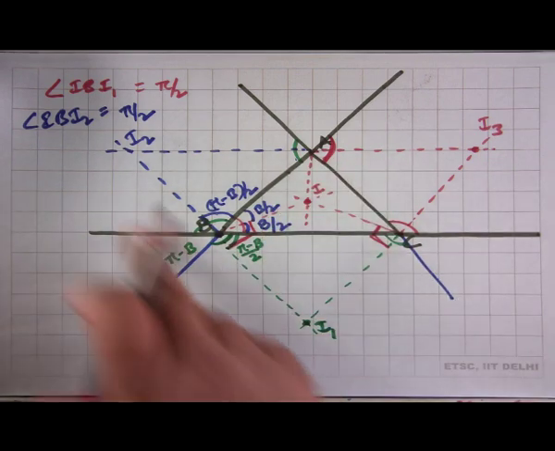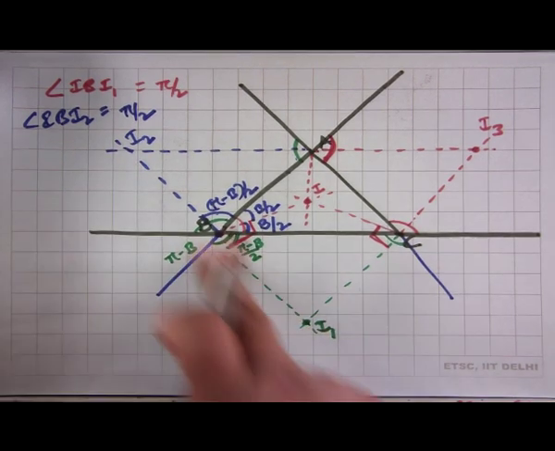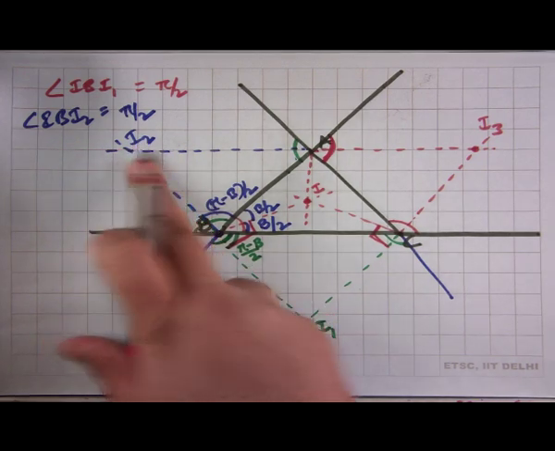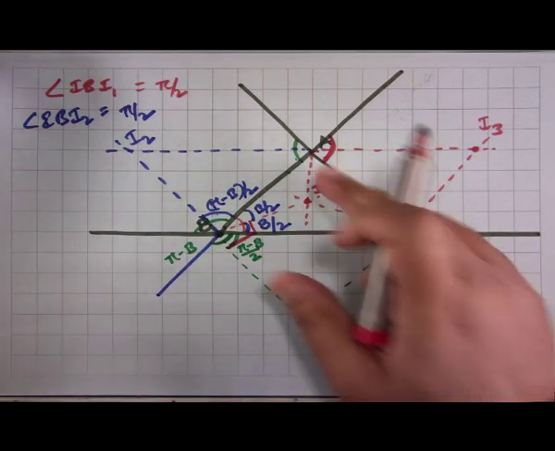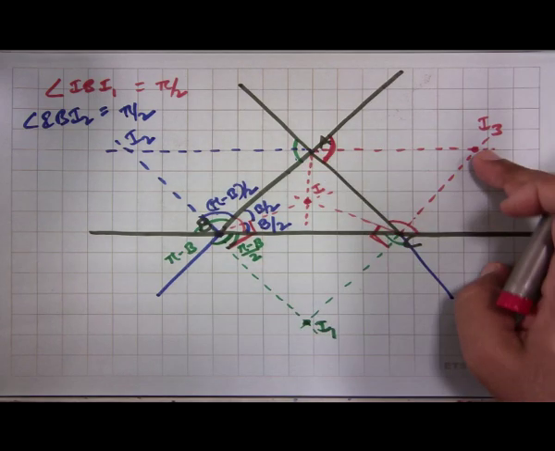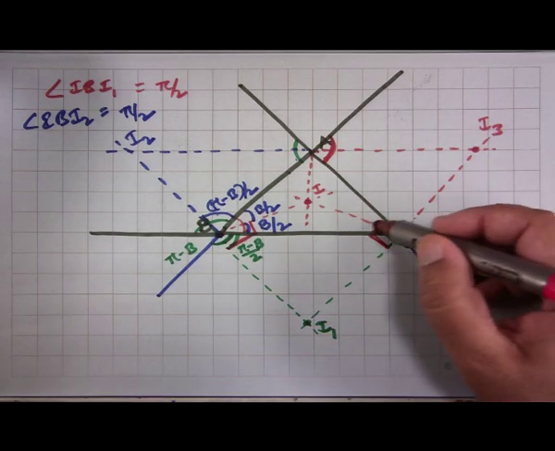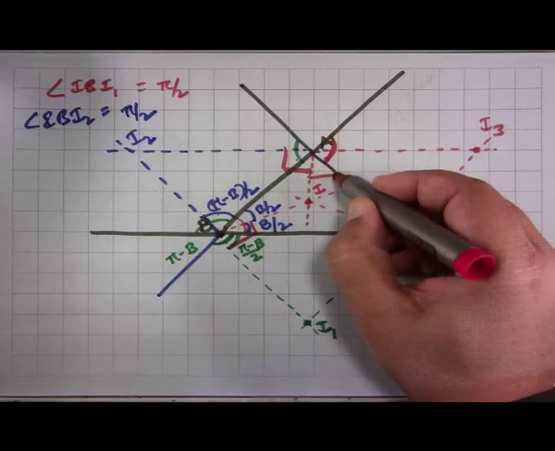And just as we had shown that I2 I1 is a straight line, in a similar manner it is very easy to show that I2 I3 is also a straight line which passes through the vertex A. Similarly, I3 I1 is also a straight line because both these angles are 90 degrees. Similarly, here also we can prove that these two angles are 90 degrees.